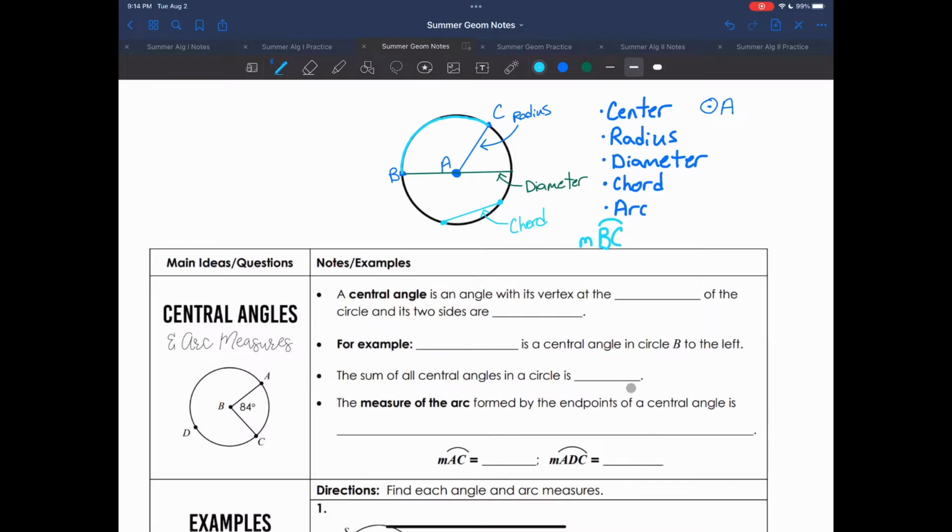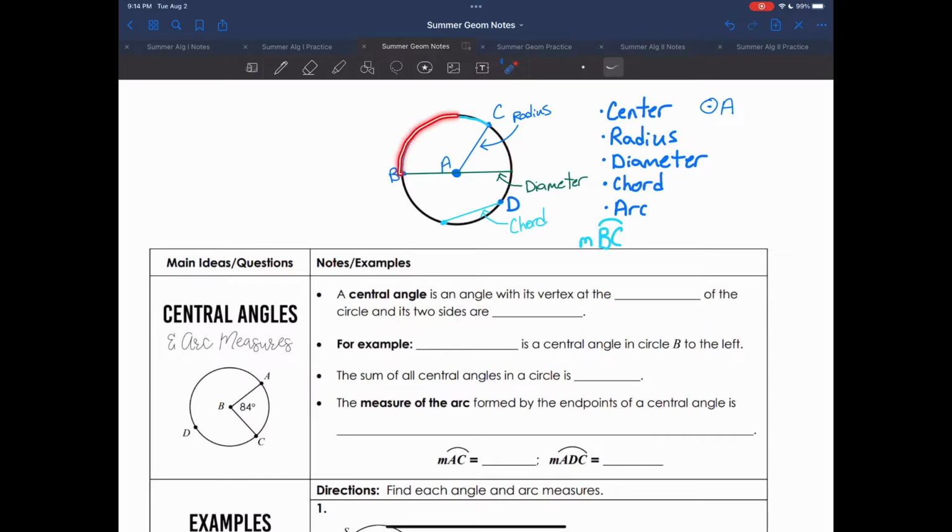Now let's give it one more letter. Let's call this point here point D. And now I want you to try to define the major arc that would go from B through C and end at D. Now you can't just call that arc BD, okay? Because if you say arc BD, think about it.